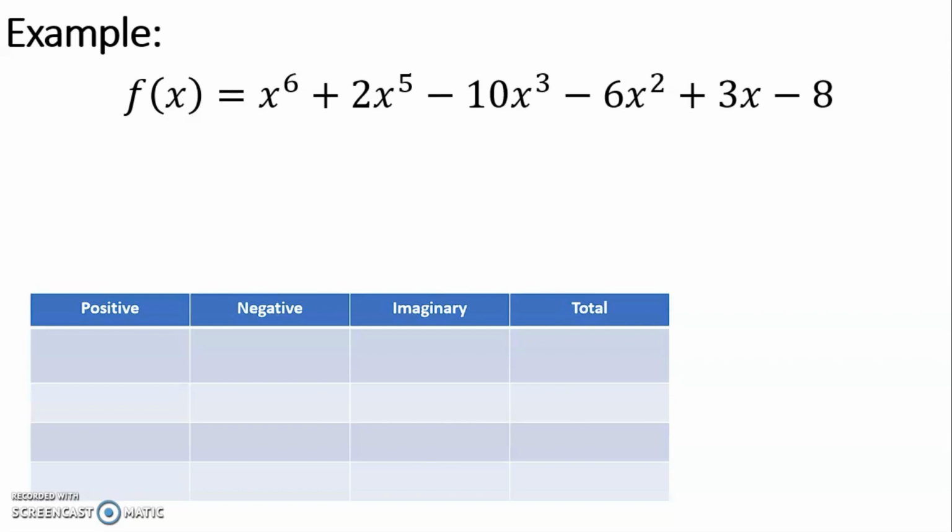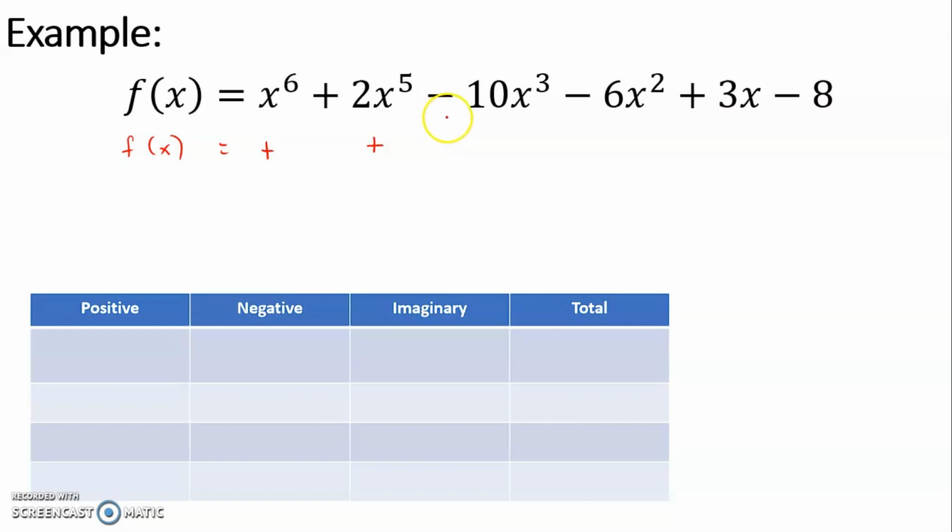In this case, I have to look for the maximum number of positive real roots of this particular function. So, x to the 6th is positive, x to the 5th is positive, then look at this. There is a missing term, which is x to the fourth. Just disregard the missing term.